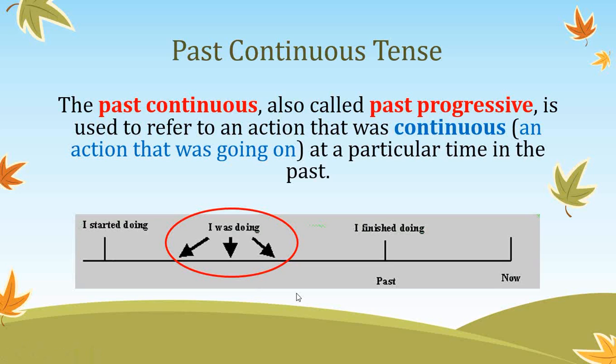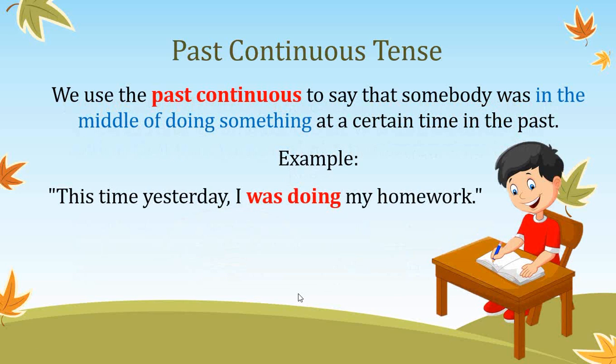So let's continue, guys. We use the past continuous to say that somebody was in the middle of doing something at a certain time in the past. Here we have an example. This time yesterday, I was doing my homework.